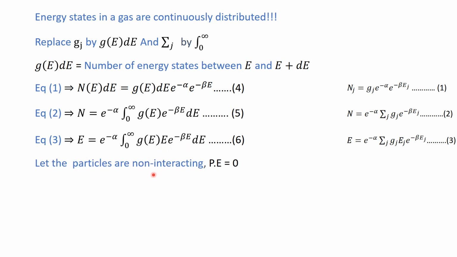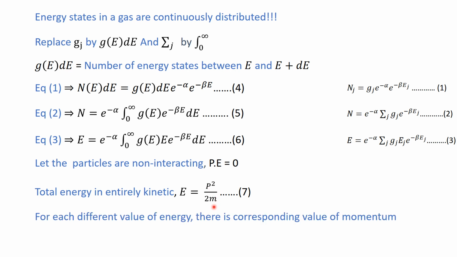According to the kinetic molecular theory, the particles are non-interacting, so their potential energy is 0. And if this is the case, then the total energy is entirely kinetic. That is, E is equal to p squared by 2m, where p is the momentum and m is the mass of the particle.